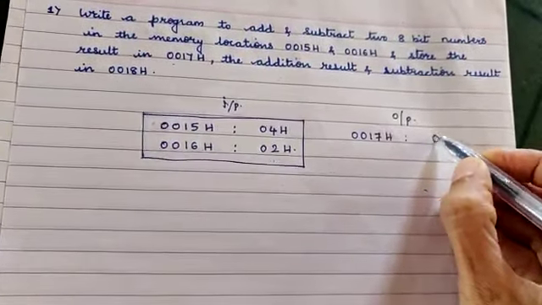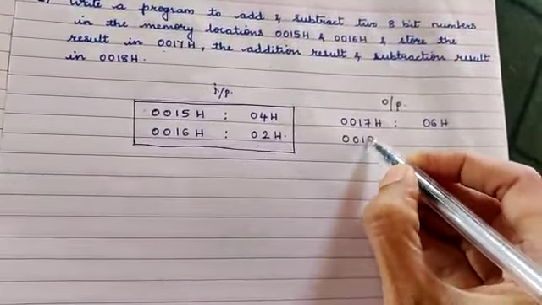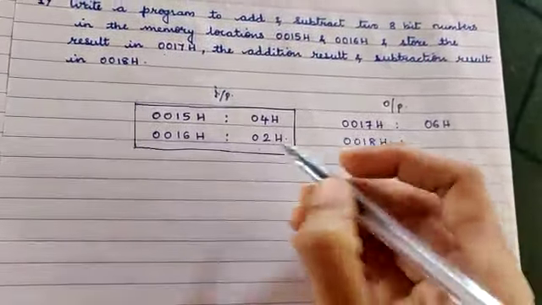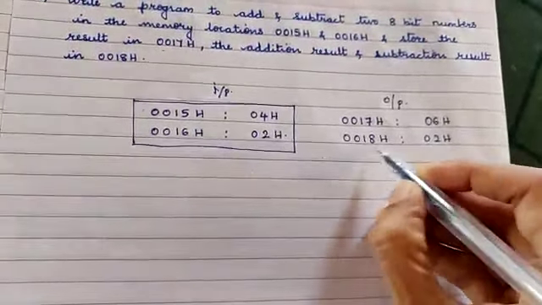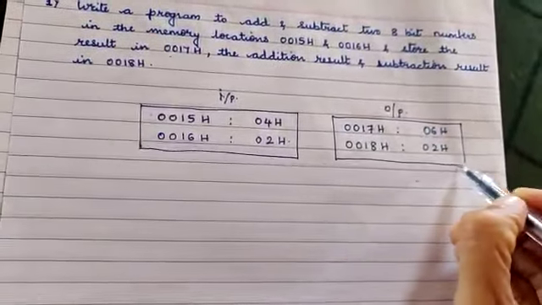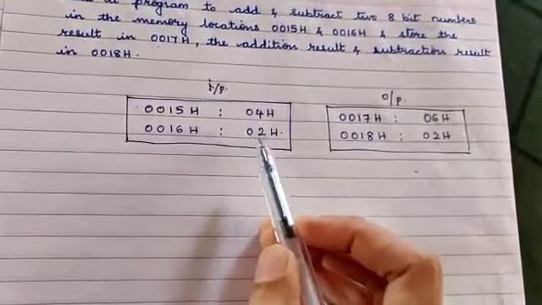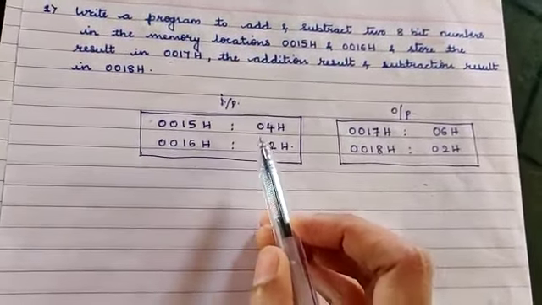When we add, we get 06, and the subtraction result of the same two numbers we will get in the memory location 0018H.